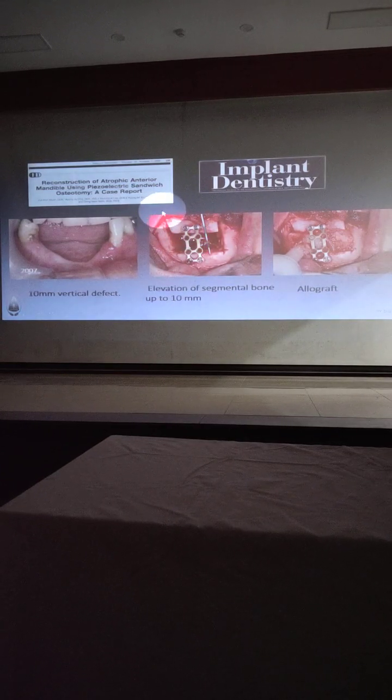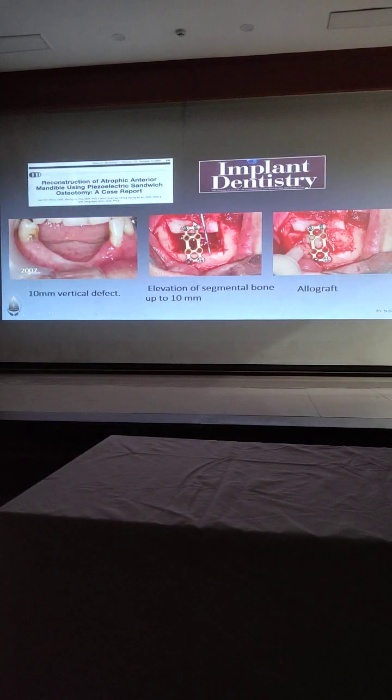Bone was segmented like this, and we cannot touch the lingual flap in order to maintain good stability and good blood supply to the segmented bone. And the bone was segmented and elevated.